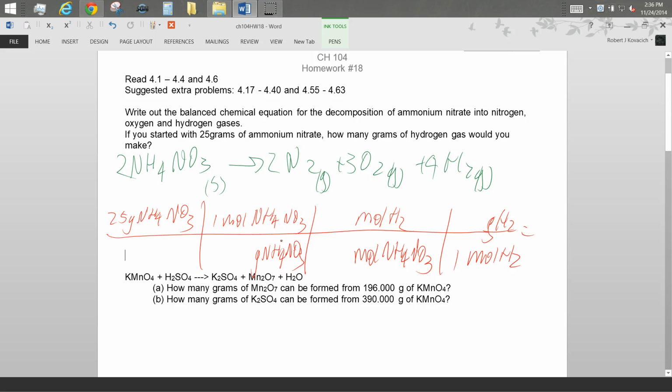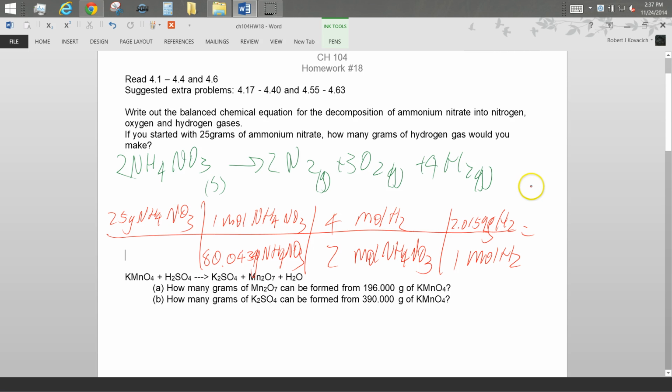And so the mass for that ammonium nitrate, a mole of that is 80.0434. And the numbers that we're using for the mole to mole conversion, it's going to be a 4 for the hydrogen, and it's going to be a 2 for the ammonium nitrate because that's what the balanced chemical equation says. And then the mass for an H2 is 2.0159. And that's it.